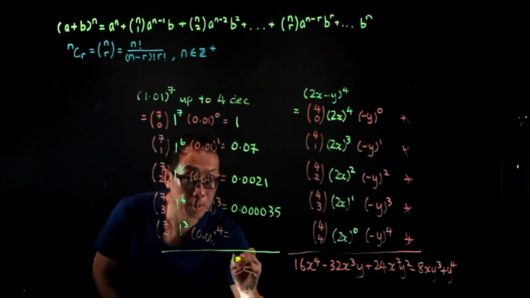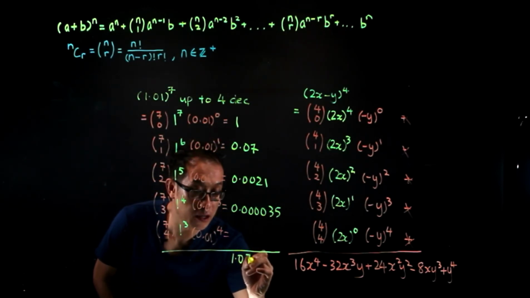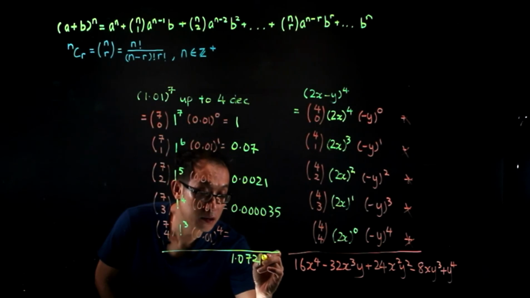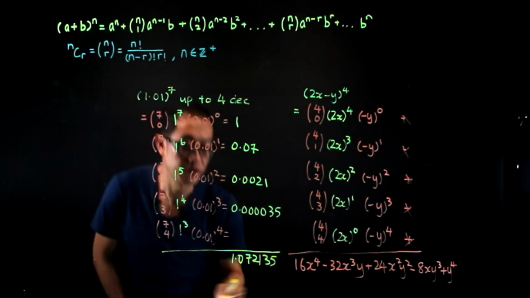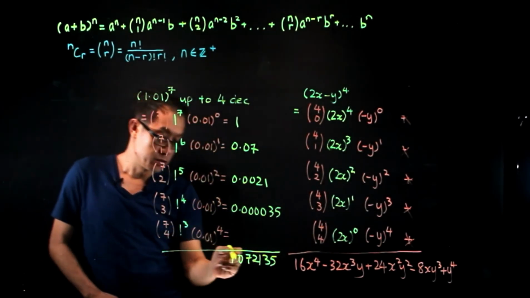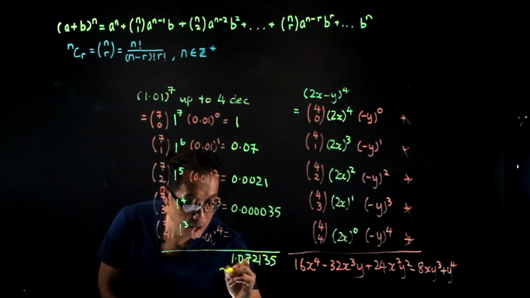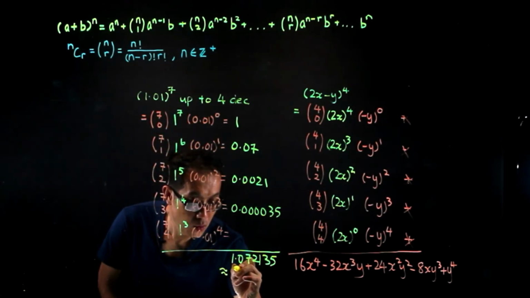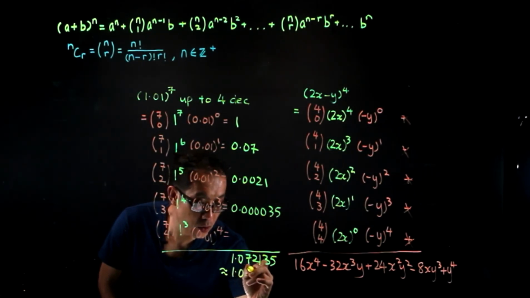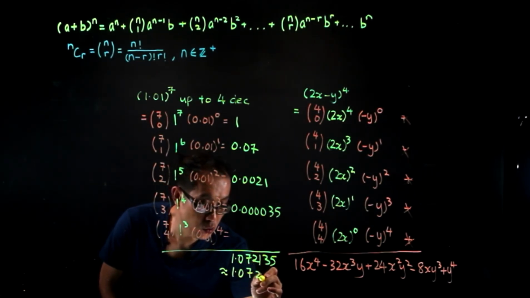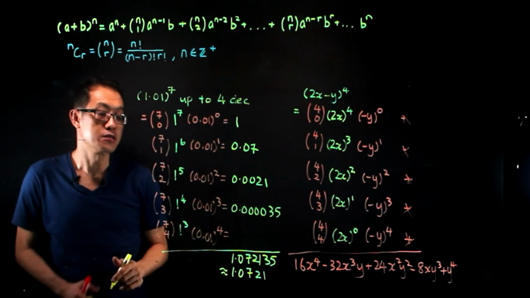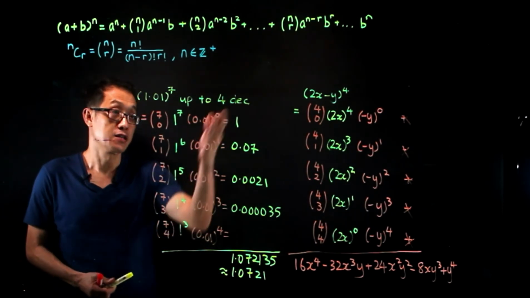So you got 1.072135. Now 4 decimal places, so that will be approximately 1.0721. This is your final answer to this.